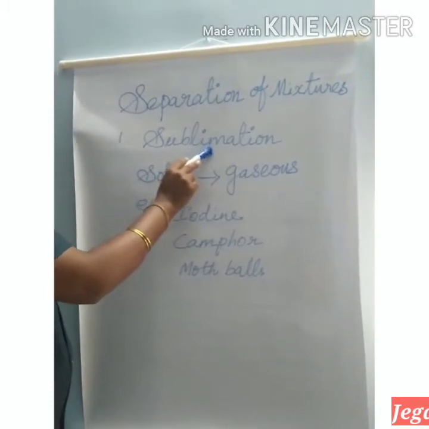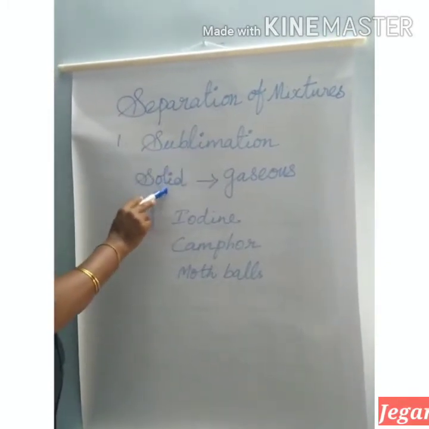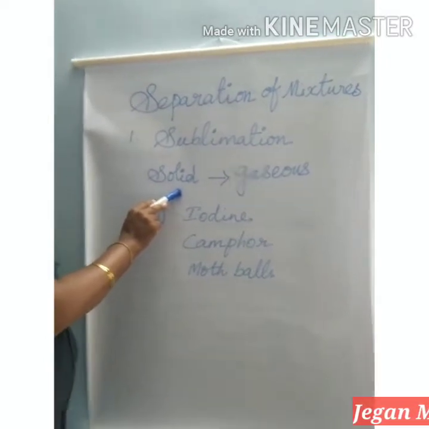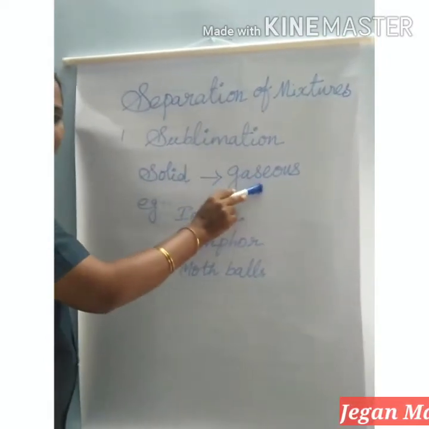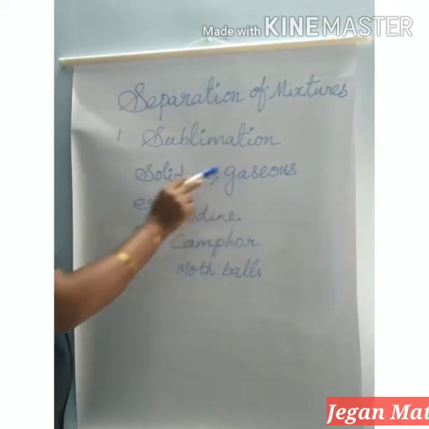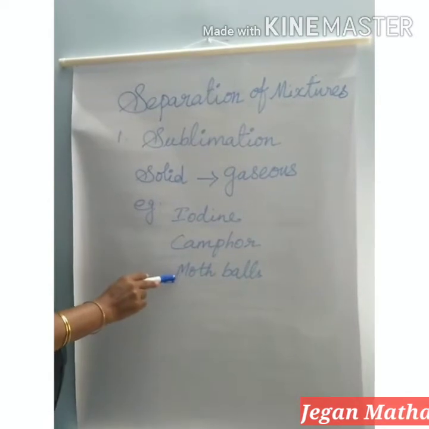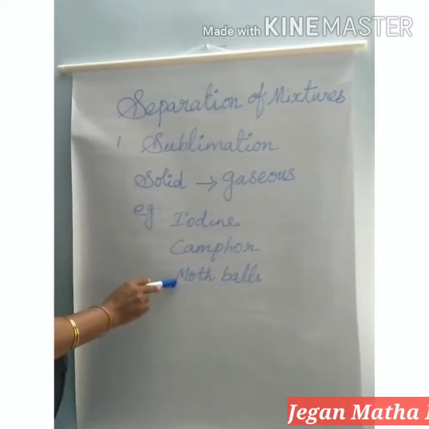What do you mean by sublimation? When a solid substance is heated, it directly changes into the gaseous state. For example, iodine, camphor, ammonium chloride, mothball, etc.